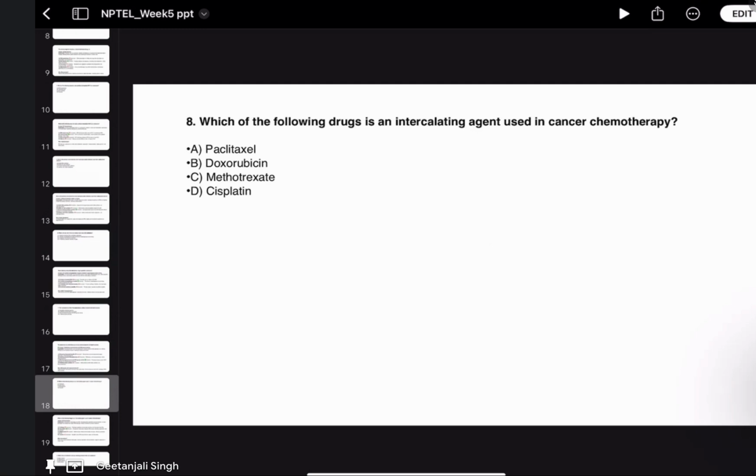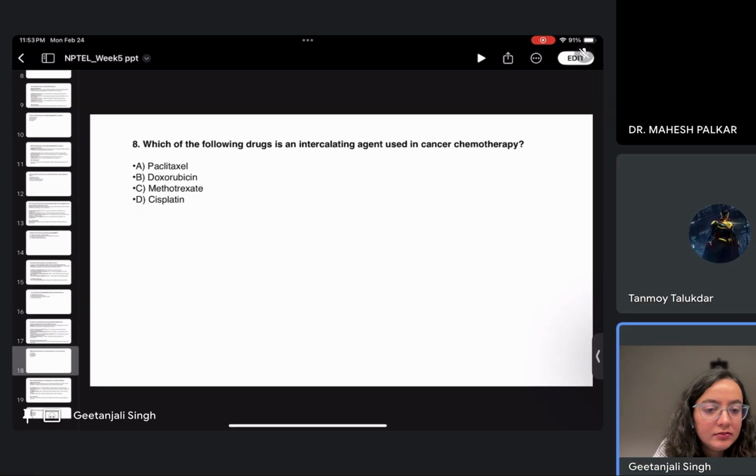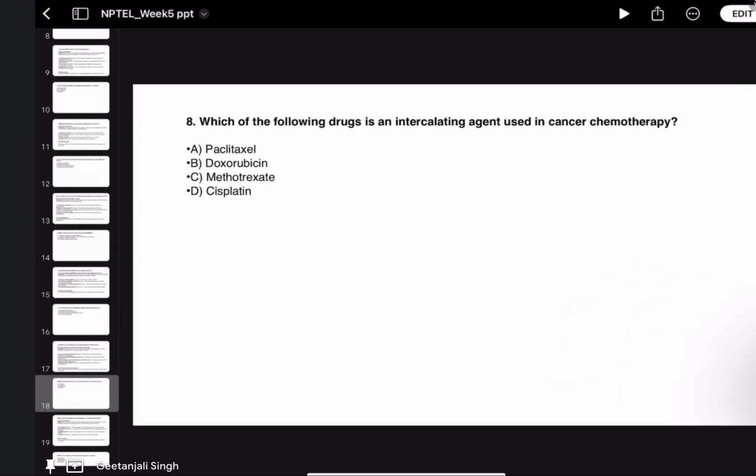Which of the following drugs is an intercalating agent used in cancer chemotherapy? Why not cisplatin?